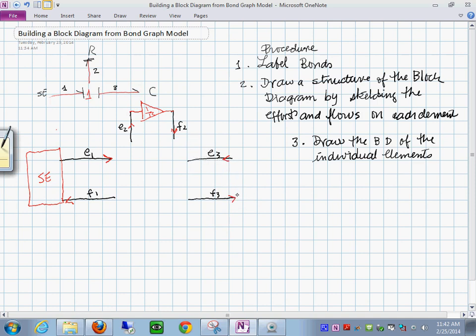And if this is true, we get an integration, this is 1 over S, and then we connect it like this, and we multiply it by, this is integral form, right? This will be 1 over C, and out comes this. So this is the block diagram of the C element now.